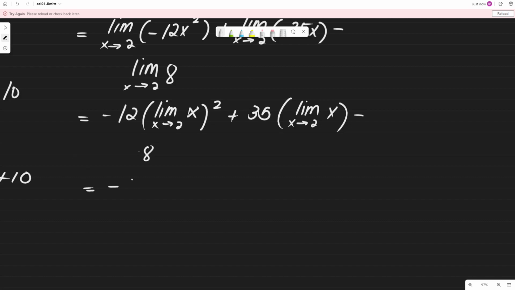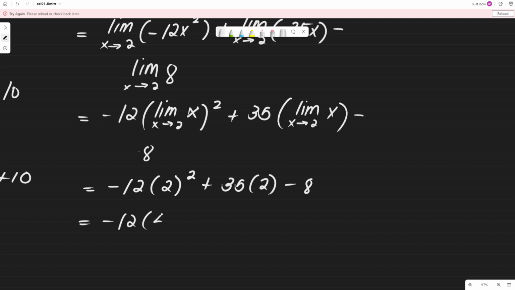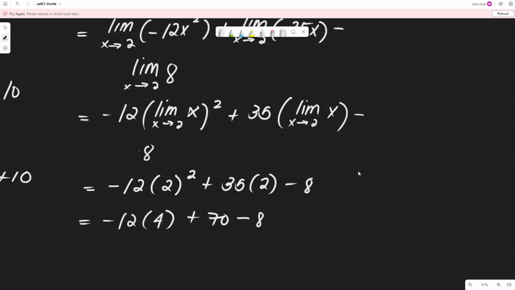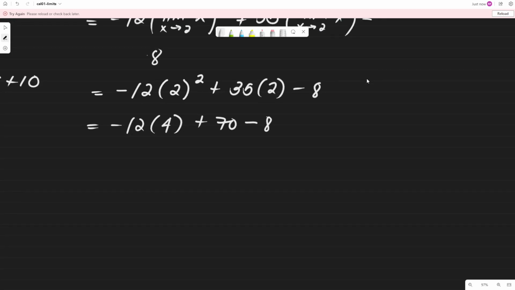So we have negative 12 times 2 squared plus 35 times 2 minus 8. So we have negative 12 times 4 plus 70, since 35 times 2 is 70, minus 8. 12 times 4 is equivalent to 48, so we have negative 48 plus 70 minus 8.